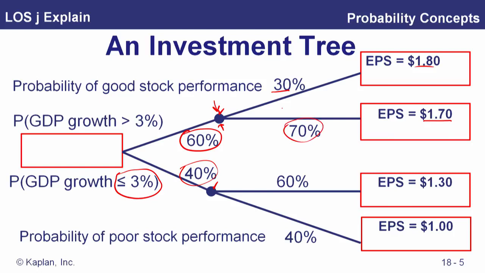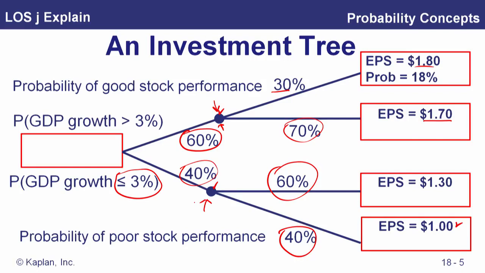And then on the lower branch here, we've got the probability of earnings per share of $1.30, given that GDP growth is less than or equal to 3%, and the probability of earnings per share of $1, given that GDP growth is less than or equal to 3%.